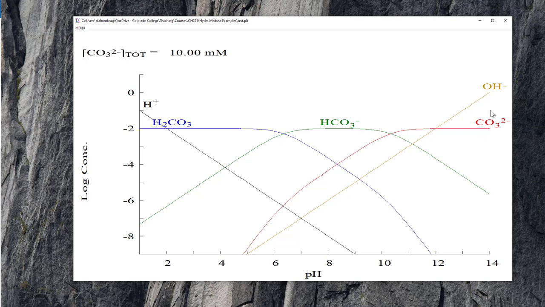In addition, on this plot you see the relative concentrations of hydrogen ions and hydroxide ions, which intersect at 7, which is exactly what you'd expect based on the Kw for the autodissociation of water.